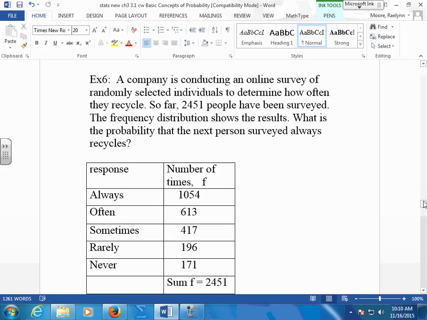Based on this, we're going to use these numbers to forecast, to predict what's going to happen next.